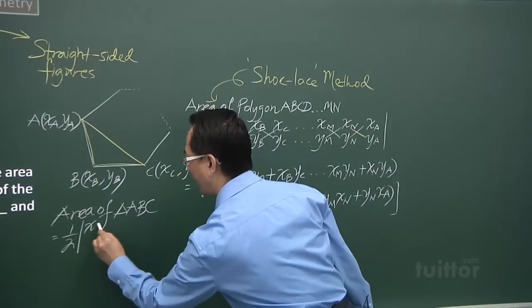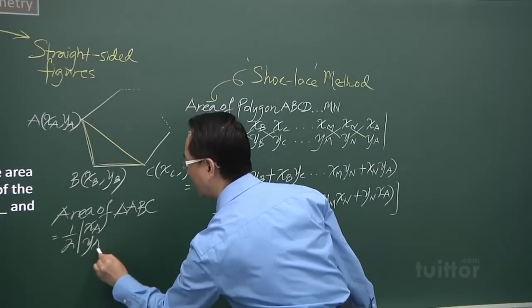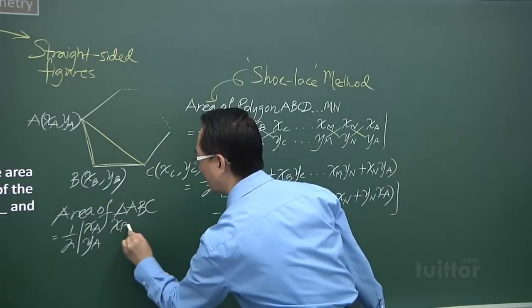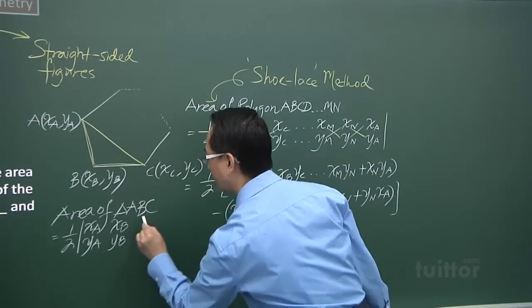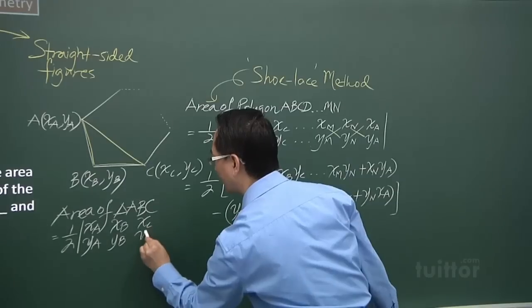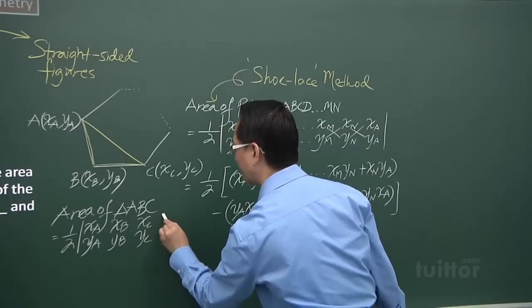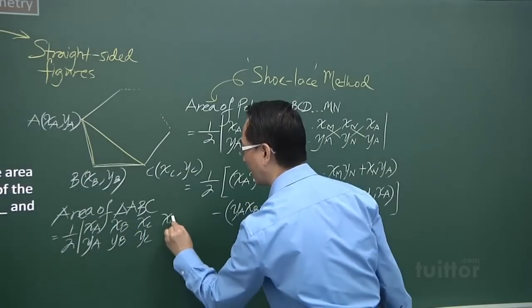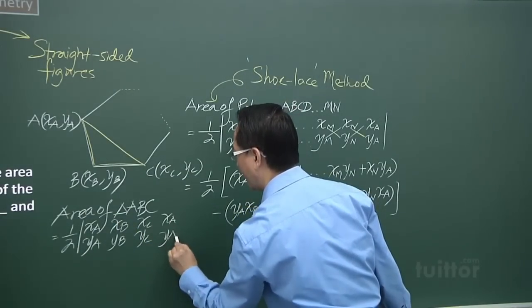I'll take XA, YA, XB, YB, XC, YC, then back to the original point XA, YA.